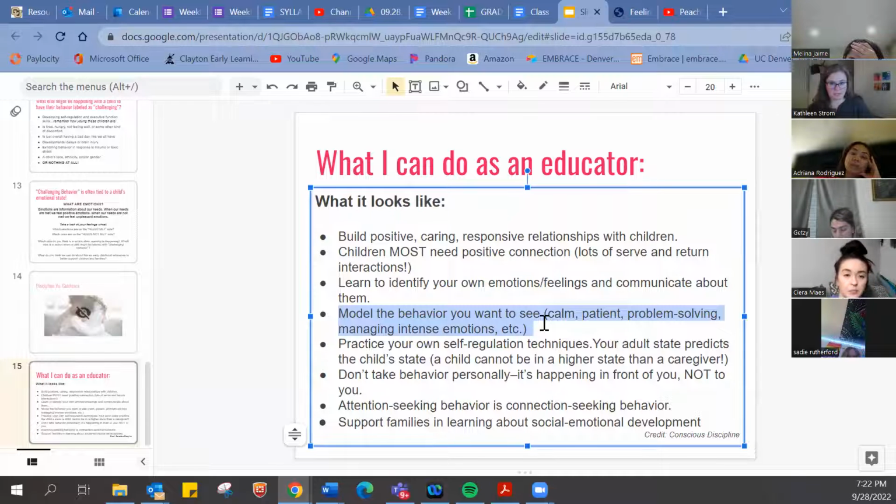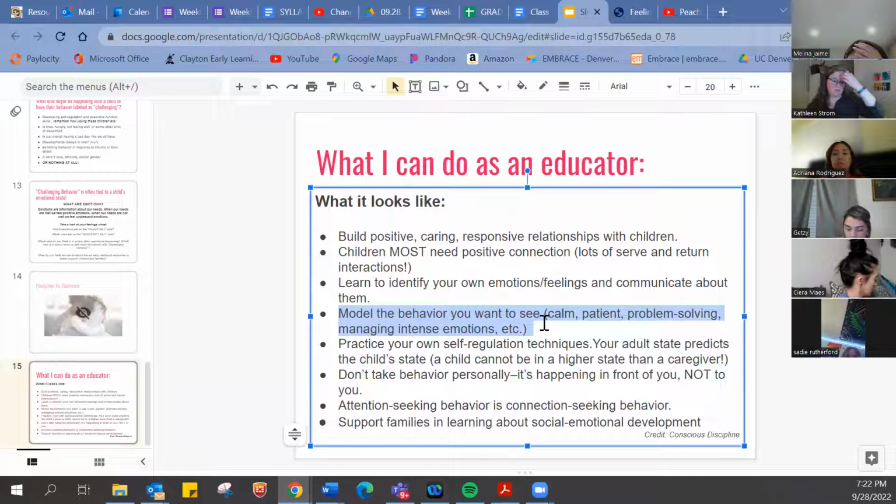We're not saying that children can't have feelings or emotions. That's not at all what we're saying here. Children should have feelings and emotions, but how we support them, and how they learn to regulate their own emotions and respond when they're having emotions, is what we can model for them.